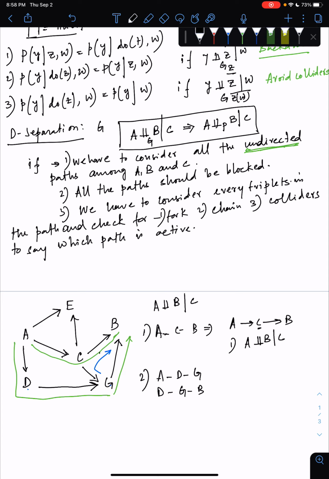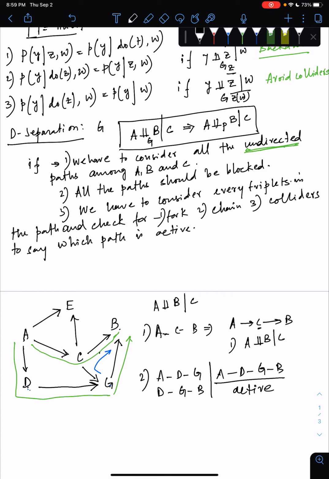So for the second case, we are considering this path A, D, G, B. First we take this triplet A, D, G. This is a chain, and we are not conditioning on D, so information is flowing from A to G. Next, D, G, B: here also the information is flowing, since this is also a causal chain and we are not conditioning on G. So this whole path A, D, G, B is active.